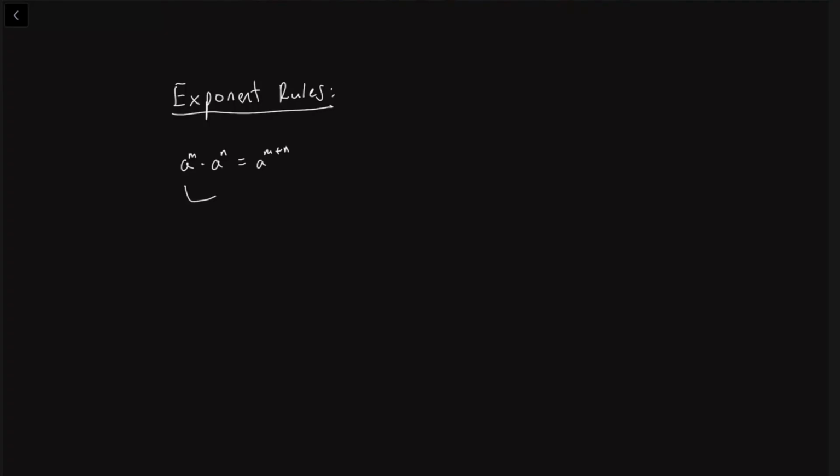So how do we know this? If we have something like, say, 2 to the 5 times 2 to the 3, we can expand out both these terms, right? So 2 to the 5 is 2 times 2 times 2 times 2 times 2, 5 times, and then 2 cubed is 2 times 2 times 2.